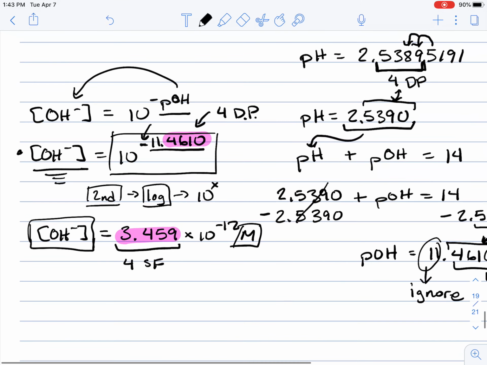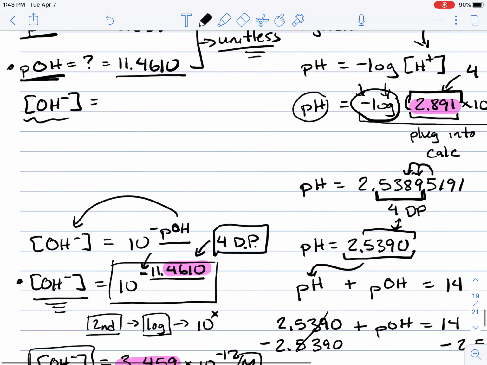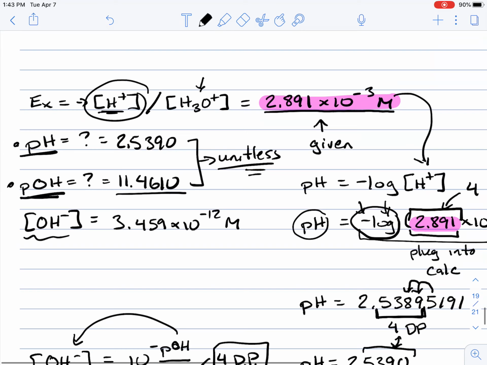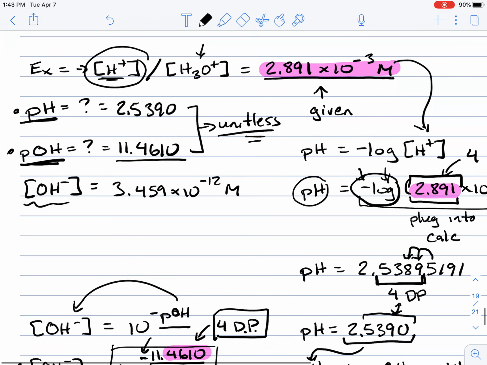When we take the negative log of a specific value, then we have to keep in mind the number of decimal places that's being reported. Okay. So I'm just going to go ahead and write that in. 3.459 times 10 to the negative 12 molar. All right, so we have solved for pH, pOH, and concentration of hydroxide.